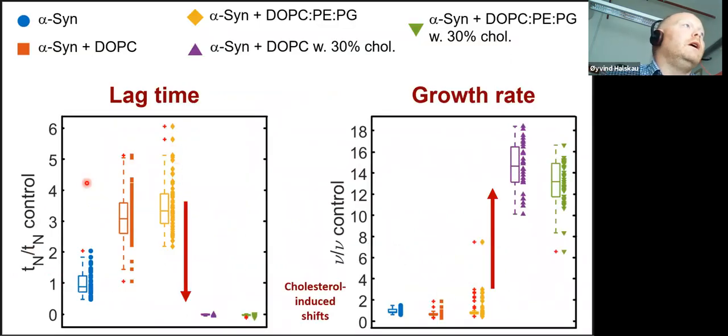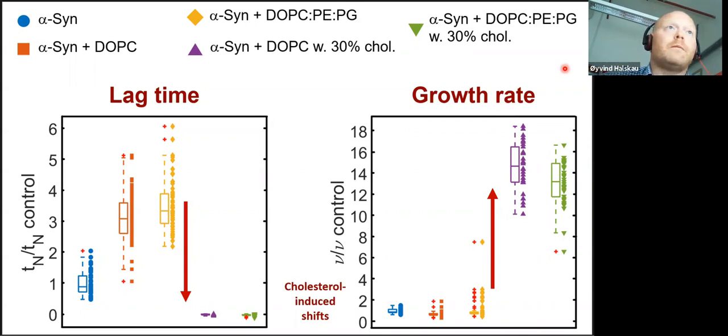If we do this analysis, we get the following results here. And here we see that the cholesterol really reduces the lag time, and it really increases the growth rate. So we were very happy to see that result.